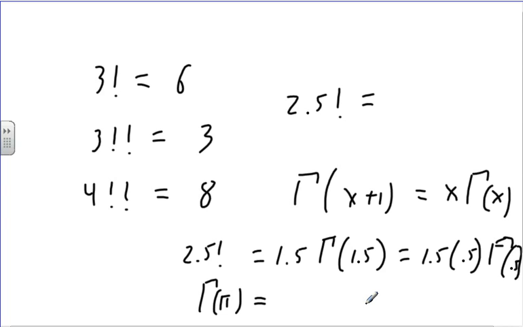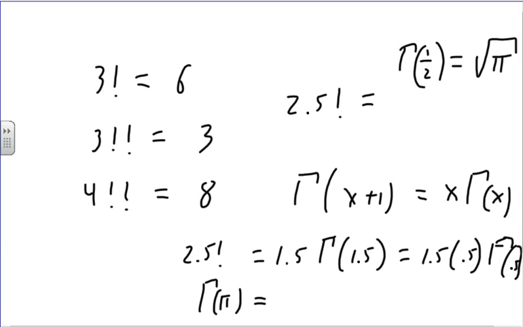Somewhere in the book it's probably going to tell us. It's some funny thing that you'd never think of. Half is the square root of pi. Oh, the gamma function of 1/2 is the square root of pi. So isn't that fun? All right.